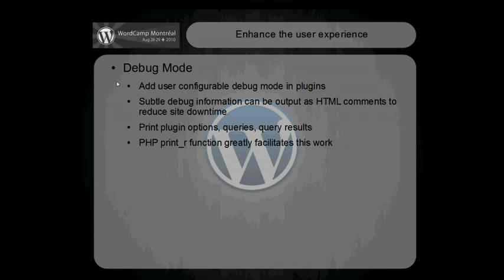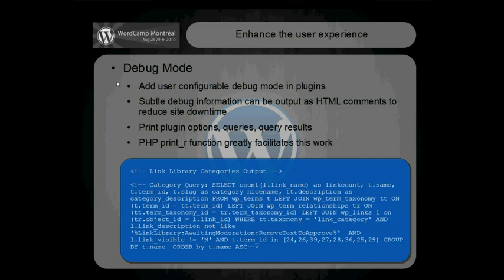The query results, so to figure out if there's just something wrong with the results and what's coming out of the user's database. To work with these things, the print_r function is great to be able to easily see what's inside of variables and print it on screen, and then just your standard HTML comment tags around those will just do great.